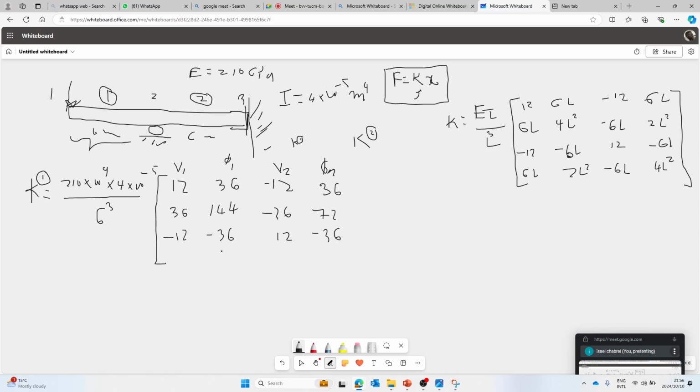Minus 36, the other 36, the other one 72. Yes, I wrote 72. The other one is minus 36, minus 36, and minus 36 again. Minus 12. And then the other one is 144.